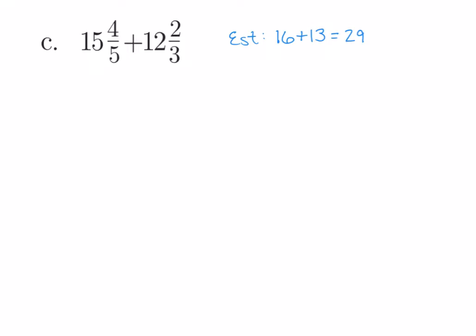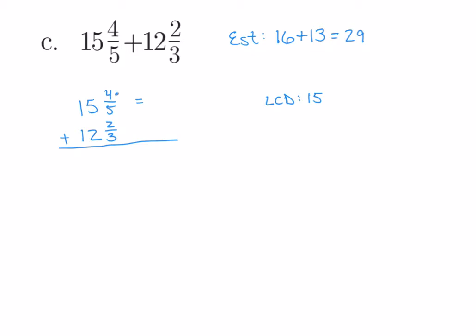All right, let's go back to our exact. So again, I'm going to line up vertically. We want an LCD. So what is a number that is divisible by 5 and 3? Our answer is 15.